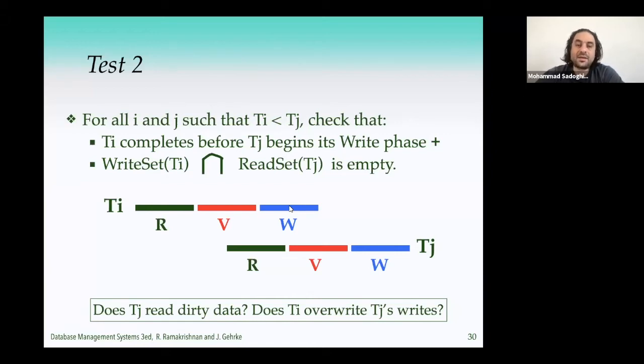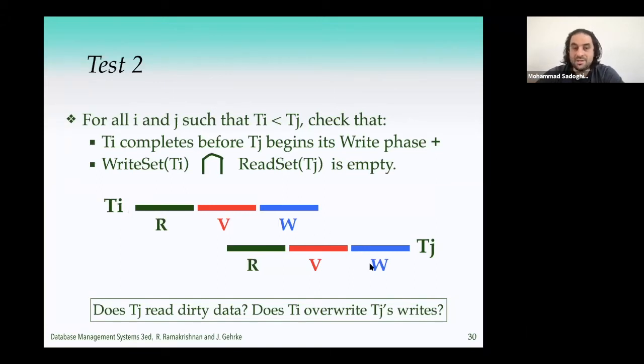So the basic condition that was introduced in the Kung-Robinson model was, as long as these two sets are non-overlapping, then we're good. Sure, it's a very coarse condition, but it is correct. All it says is that the write set of Tj only becomes visible once Ti is completely done.